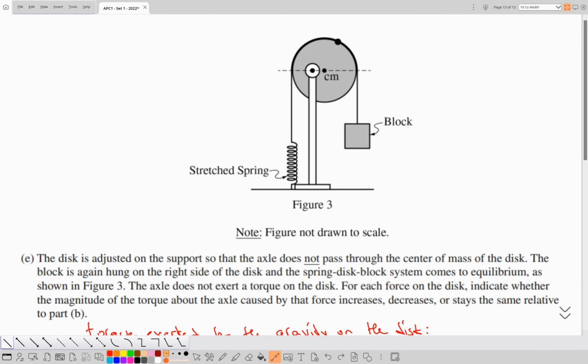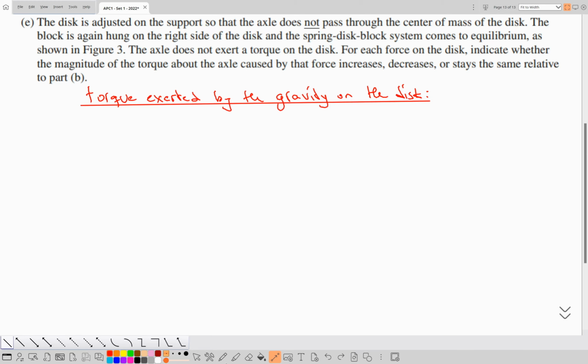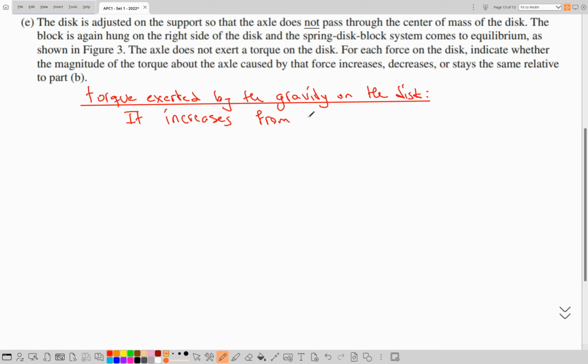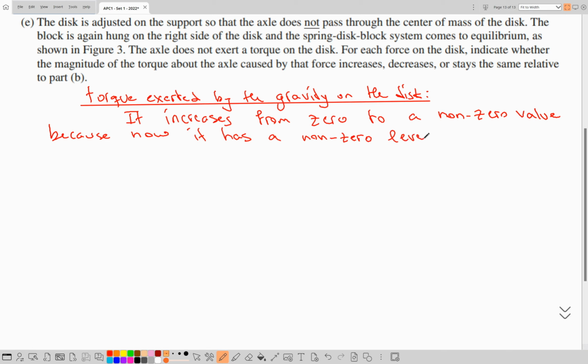Now it changes to a non-zero value, so the torque increases from 0 to a non-zero value because now it has a non-zero lever arm.